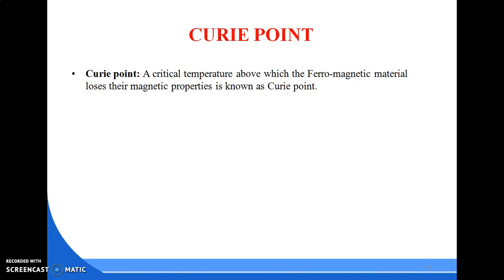That means the temperature above which the ferromagnetic material loses its magnetic properties is known as the Curie point.